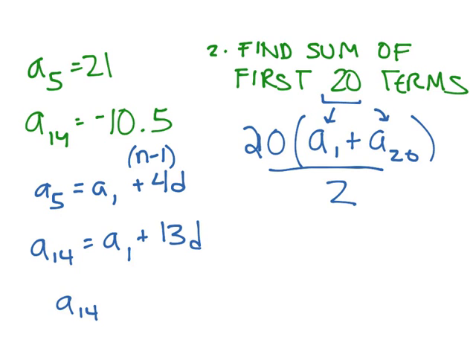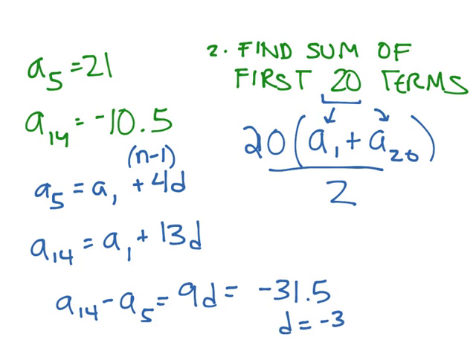So A14 minus A5 would be equal to 13D minus 4D, which is 9D, and is also equal to negative 10.5 minus 21, which would be negative 31.5. So our D is equal to negative 31.5 over 9, which, if we plug in the calculator, is equal to negative 3.5.